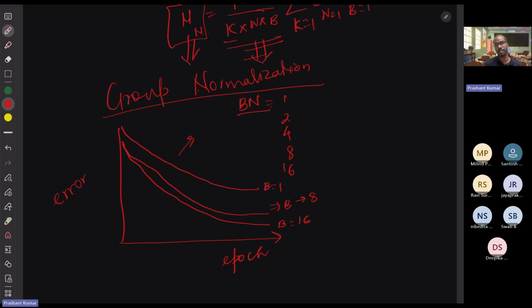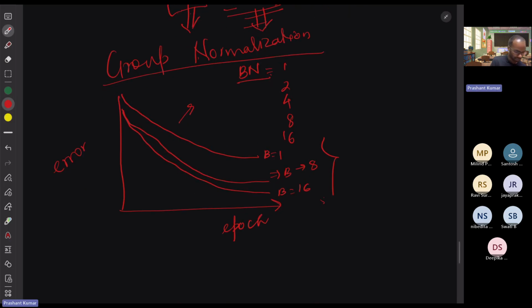You cannot do that, because whatever computational facility you are using has limitations: the amount of memory, the RAM, and the cache it has. So you want to create a batch.